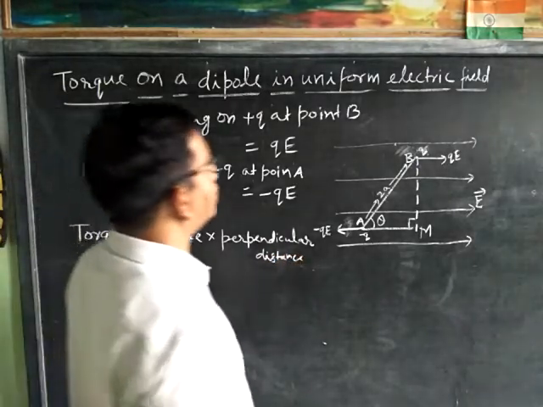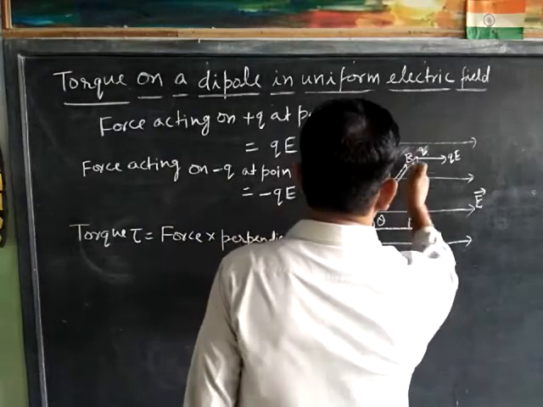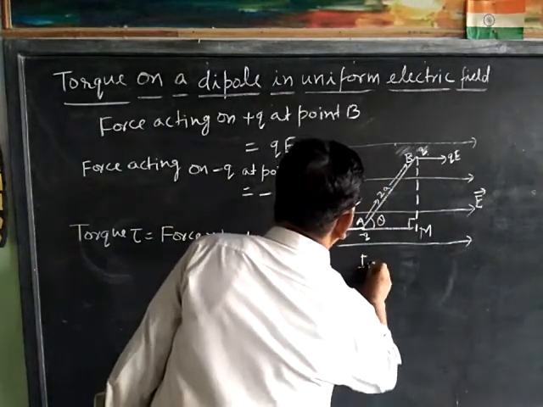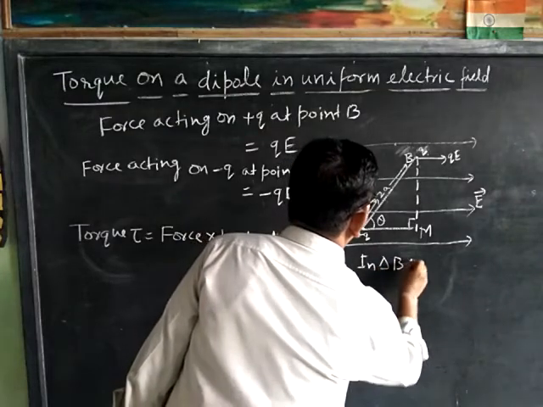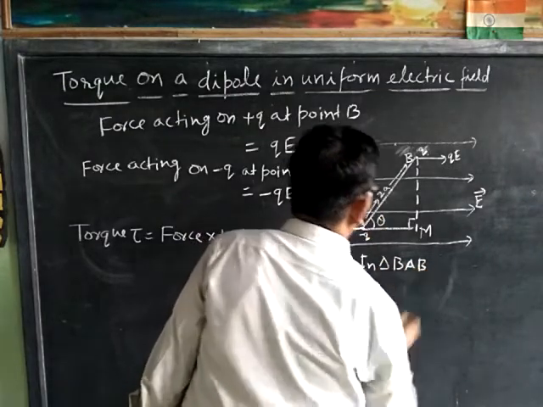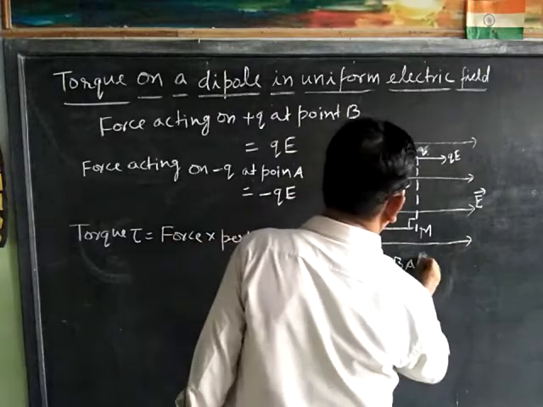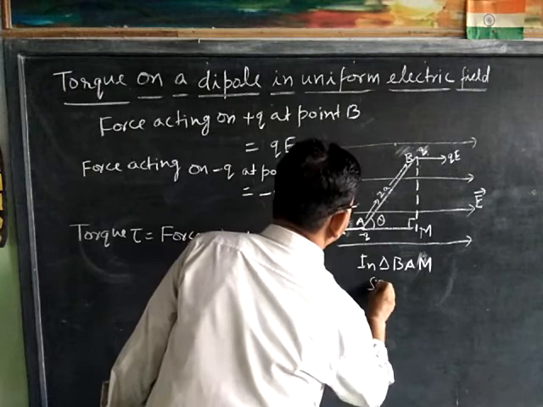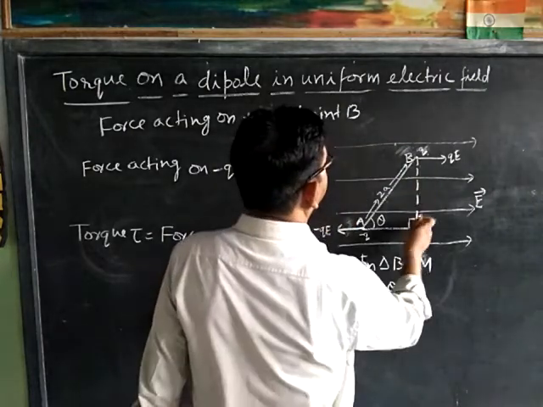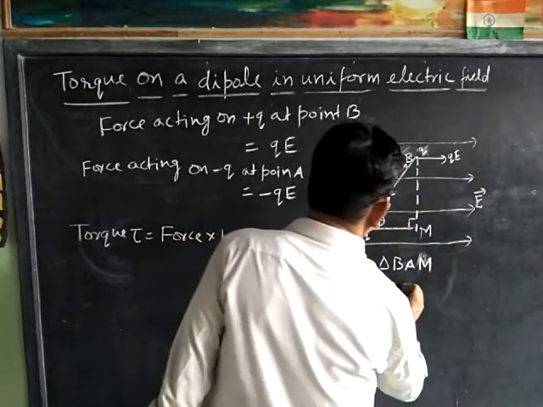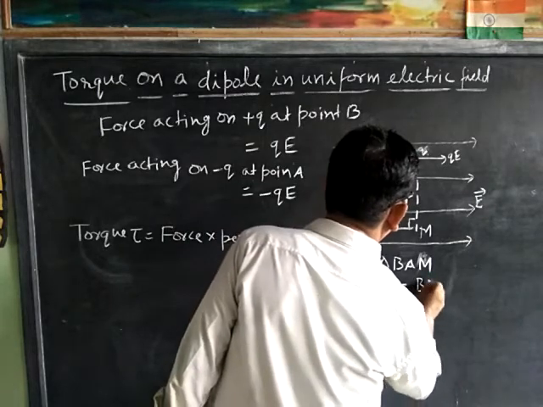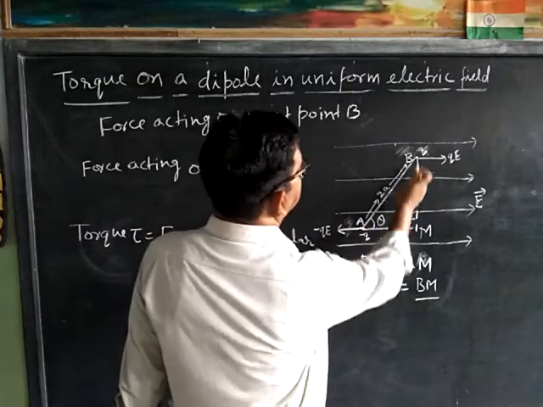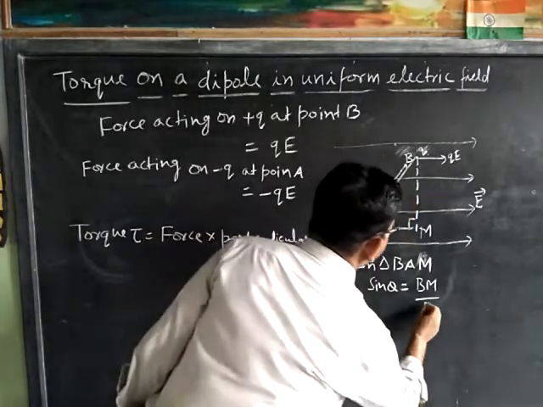For perpendicular distance, in triangle BAM, sin theta is perpendicular upon hypotenuse, so BM upon AB.